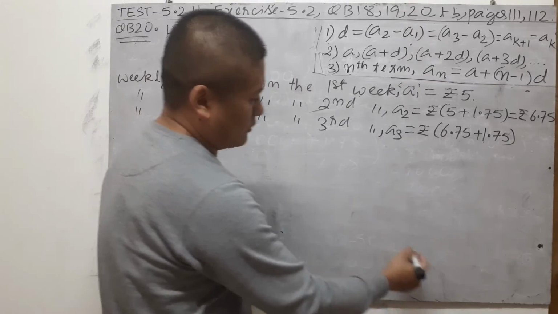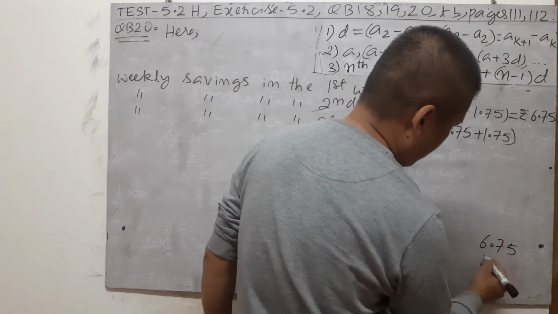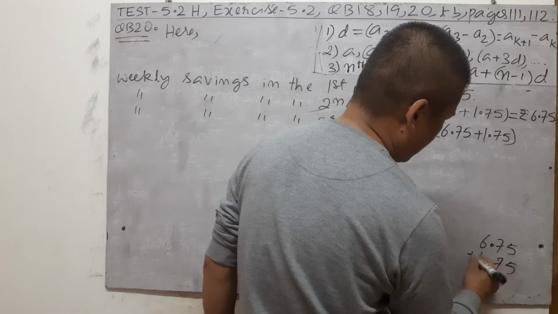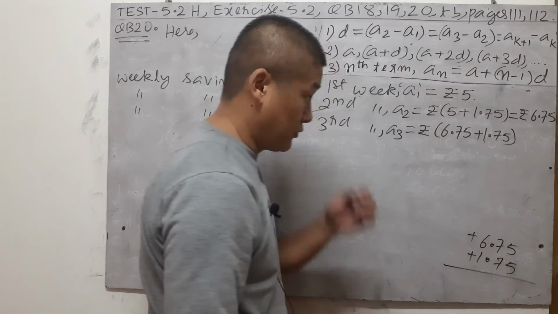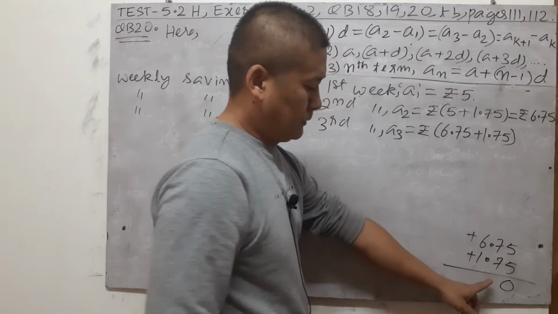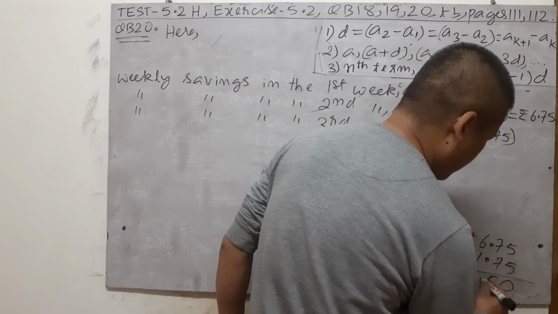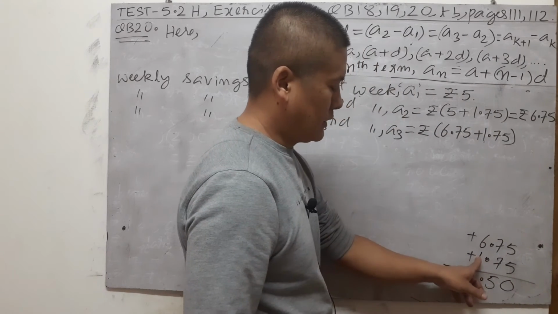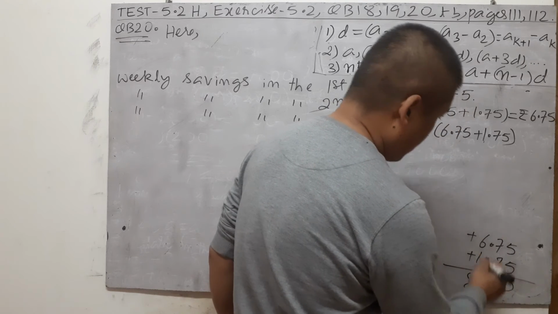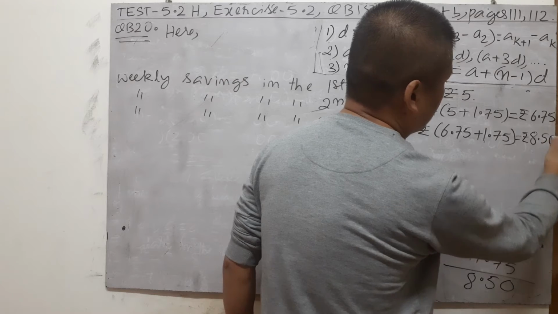If you add these two, 6.75 and 1.75, the decimal should be on the same line as I said when we are adding or subtracting. Both are plus, so add 5 plus 5, 10, 1 remainder; 7 plus 7, 14, plus 1 remainder, 15, 1 remainder; 6 plus 1, 7, plus 1 remainder, 8. So it equals rupees 8.50.